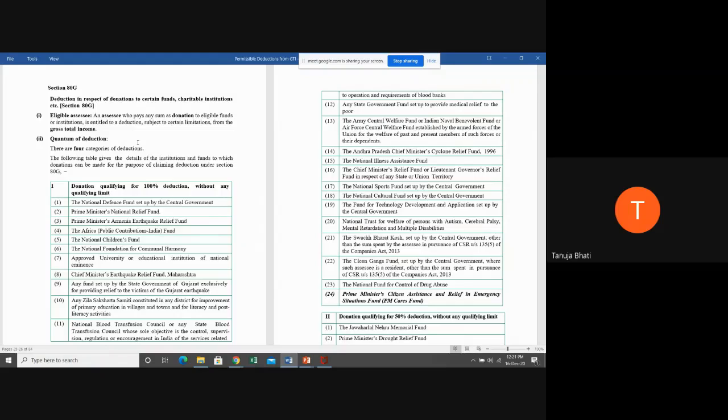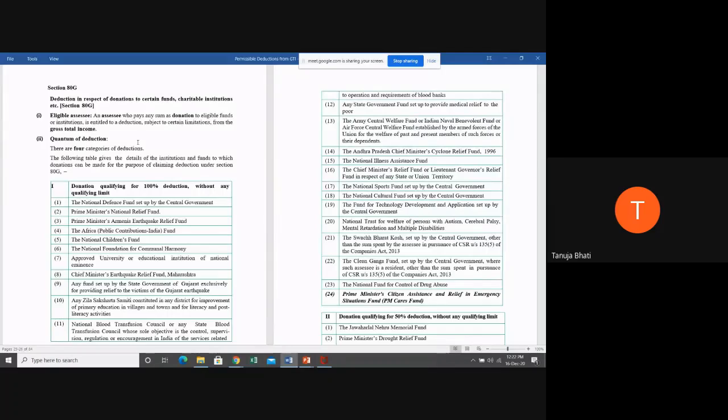The third part is you will be getting 100% deduction, but with the qualifying limit. With some limit, you can get 100% deduction. And the fourth part is you will get only 50% deduction for the donations that you are making with qualifying limit. So what are the four types we have seen in section 80G?